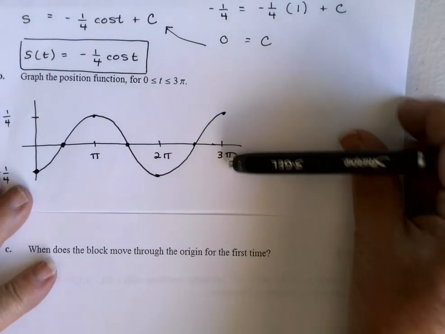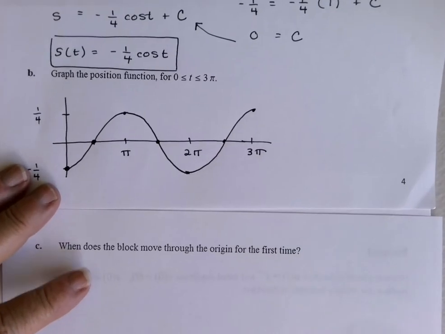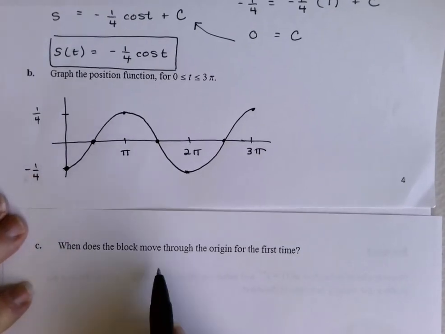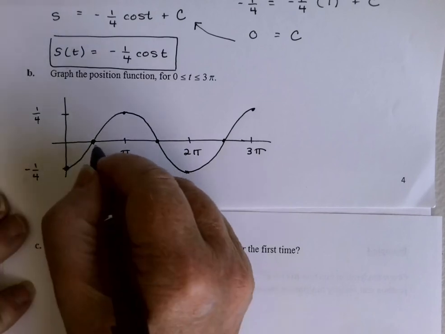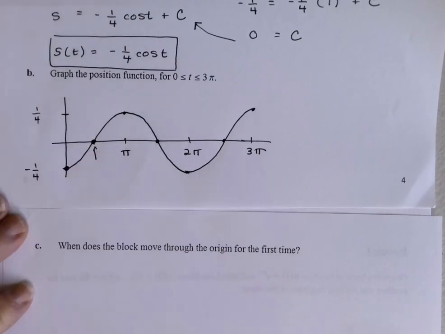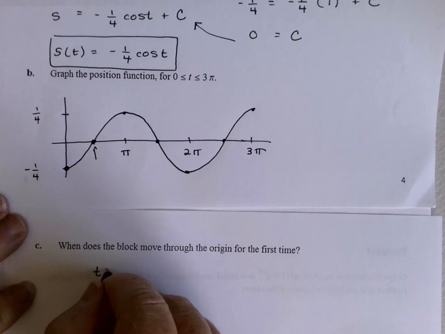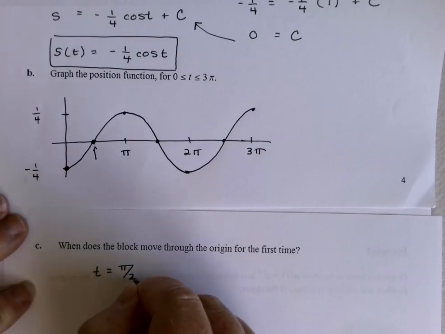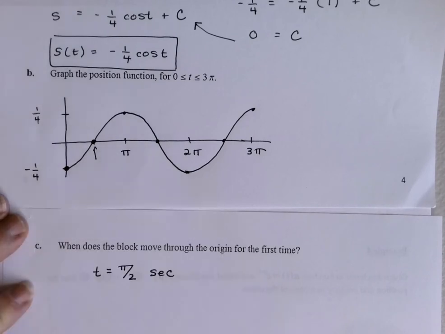All right, I'm going to keep that graph handy because we'll use it to answer the next couple of questions. First of all, it says, when does the block move through the origin or the starting position for the first time? That, of course, would be right here, and that happens at t = pi/2 seconds.